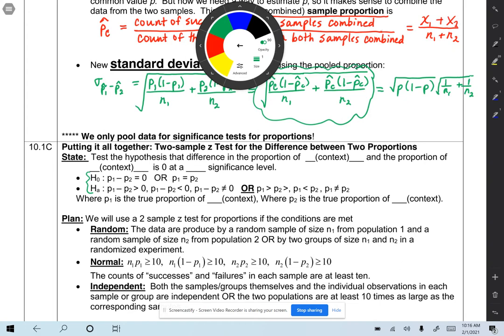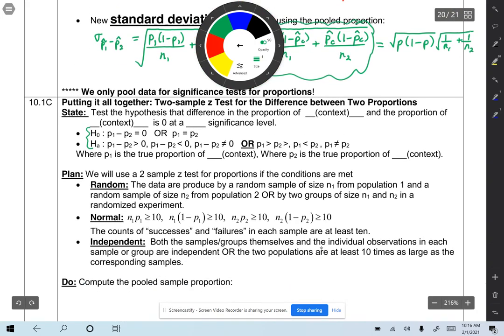Then in the plan section, you want to tell what test you're using. So you're going to use a 2-sample Z test for proportions, if the conditions are met. Then you'll do your 3 conditions. This is really important that you don't skip this step, because then you can't go and do any of the calculations. So is it random? This is stuff we've already done before. Check for normal conditions. You're going to have to check for both, because there's 2 samples.